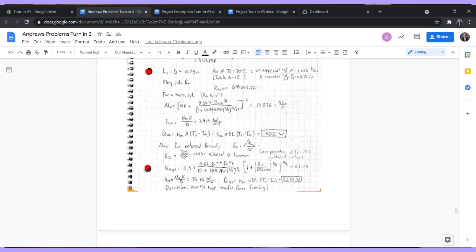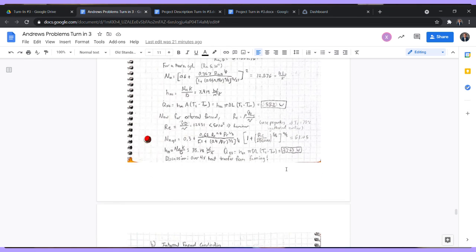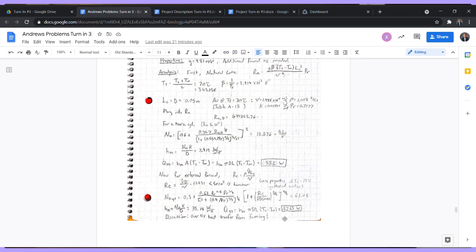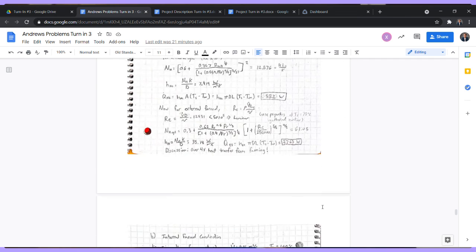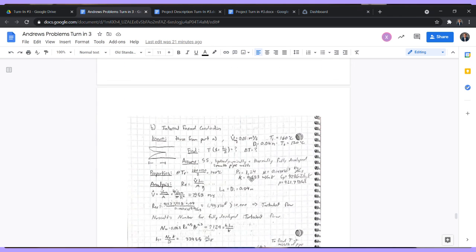For forced external convection, Reynolds number was found, and then the Nusselt number for that laminar flow was found, and then the convective heat transfer coefficient was found, and then ultimately the heat transfer was found. And as you can see, when fanning the pipes, four times as much heat transfer is acquired. So it's a very good thing.